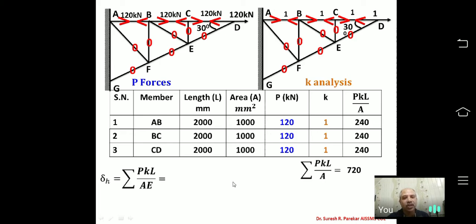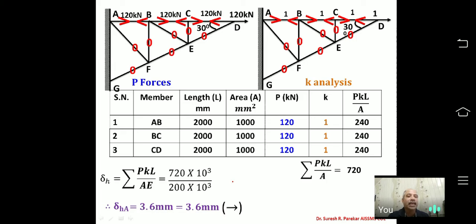Then we are in a position to find delta H, which is the summation of PKL upon AE, and we can find it by substituting these values. 720, with E in kilonewton per millimeter squared converted into newton per millimeter squared, gives you the delta H value. Positive means it is in the direction of the unit force, that is, towards the right.